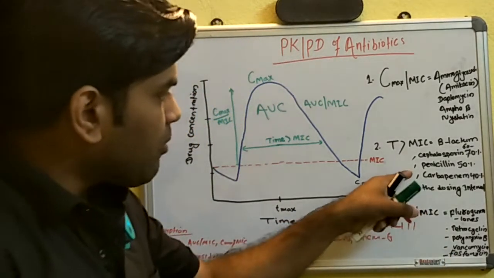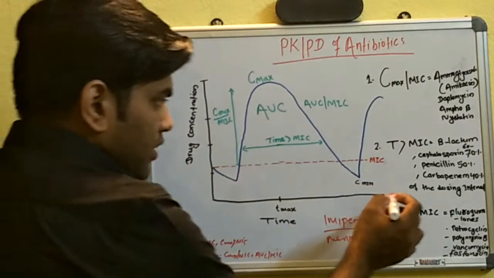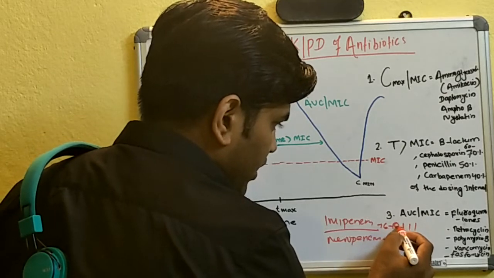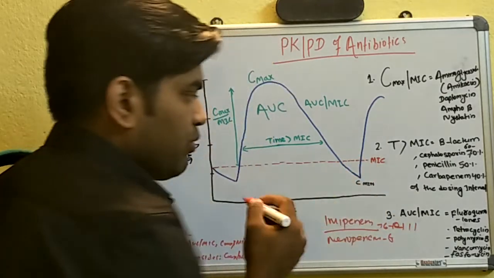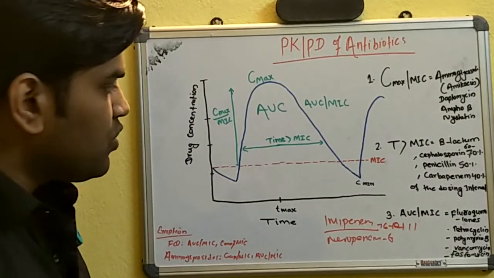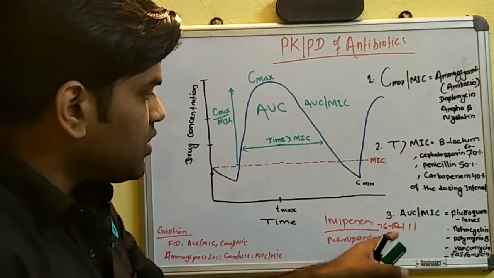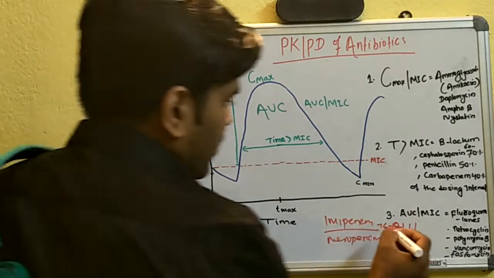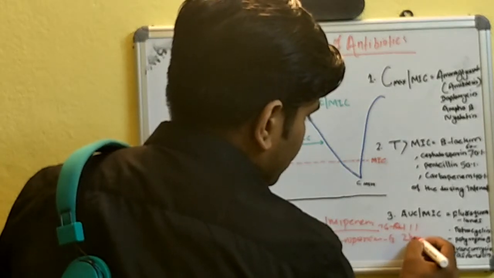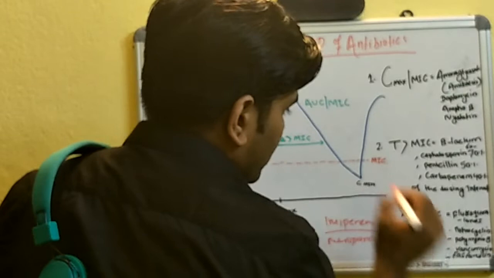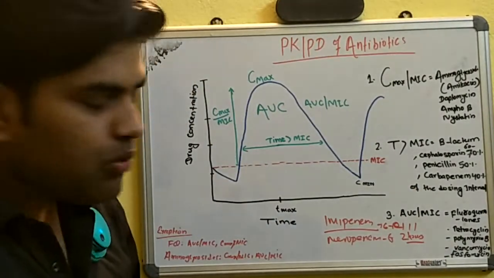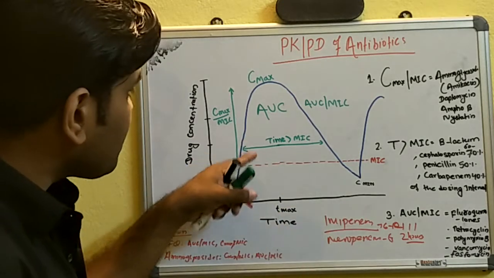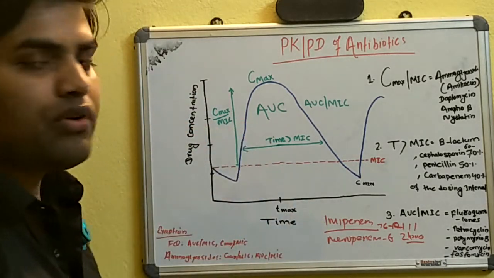So if you are giving carbapenem, then for 40% of the 6 hours, the antibiotic should be there in the blood above the MIC. That is what it means. So 40% of 6 hours, you can say more than 2 hours. So for more than 2 hours you have to achieve the concentration of this imipenem in your blood.